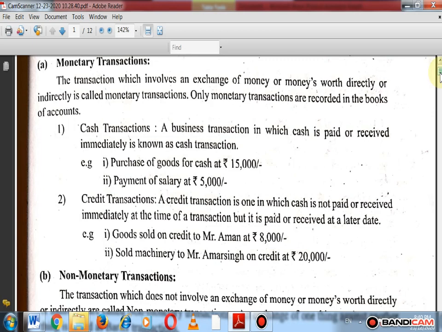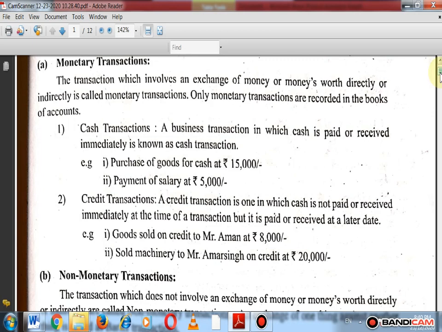It means when the business organization sells goods for cash, exchanging goods against cash which is immediately received, it is known as a cash transaction.